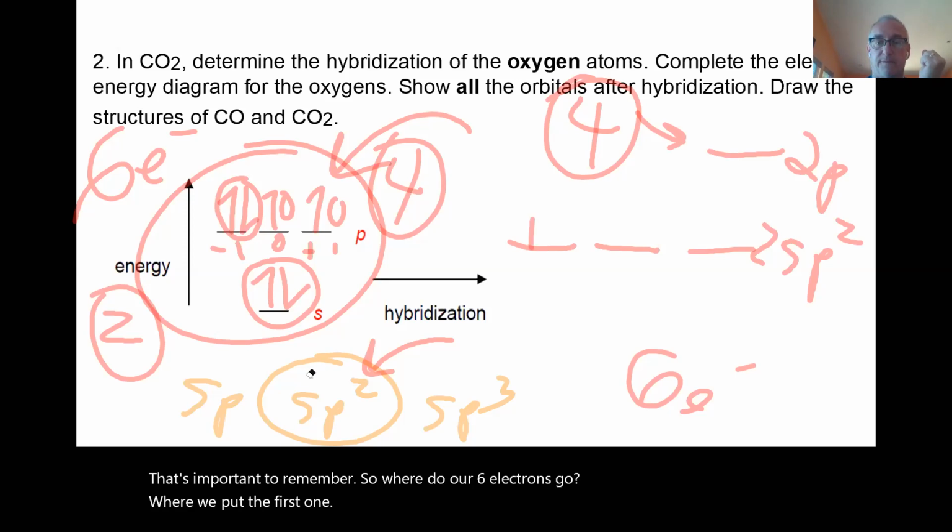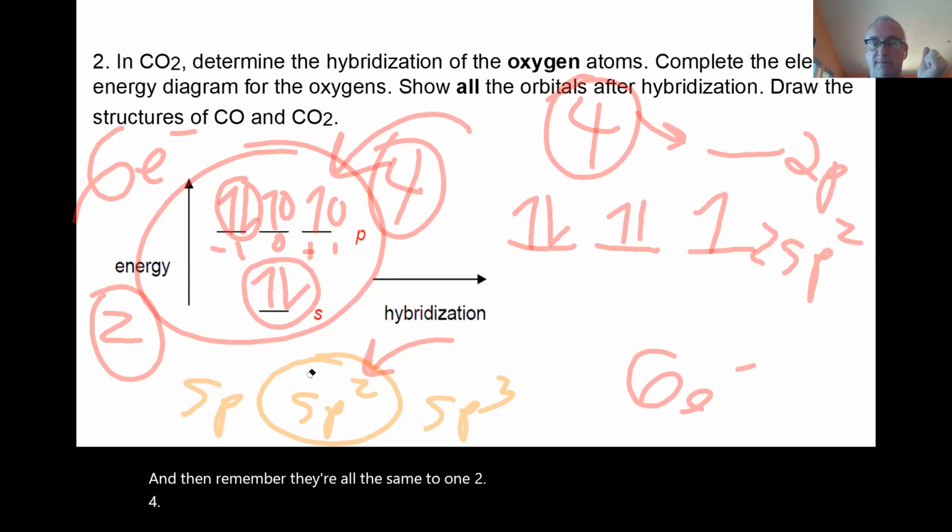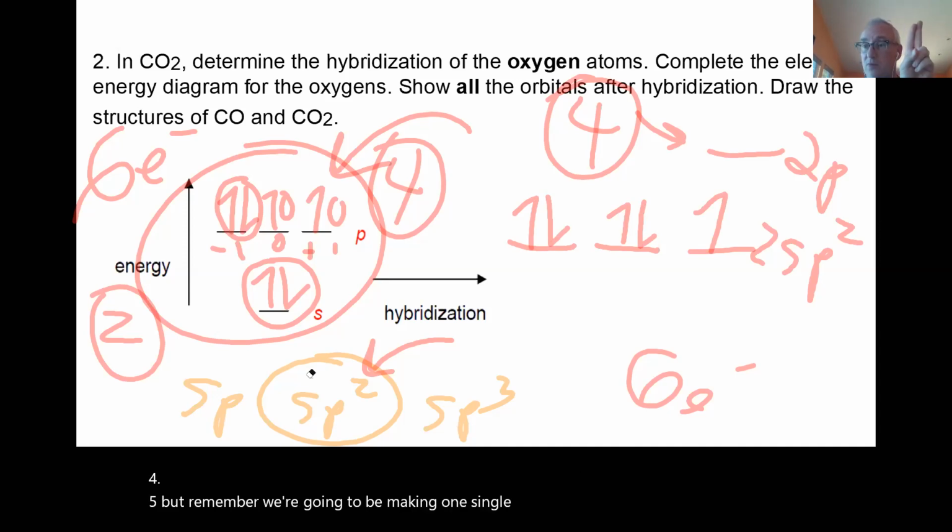Yep. So 1, and then remember they're all the same. So 1, 2, 3, 4, 5. But remember, we're going to be making 1 single bond and 1 double bond.